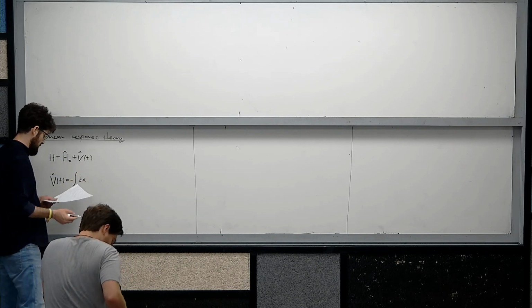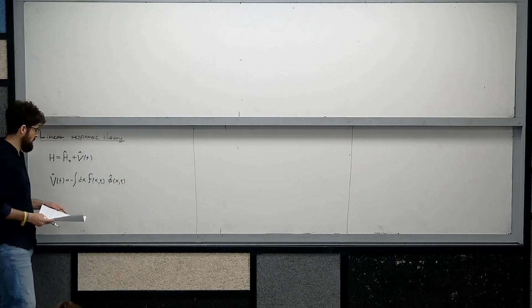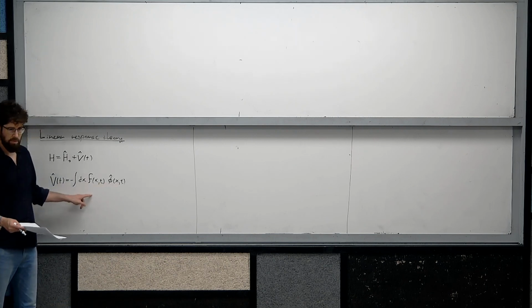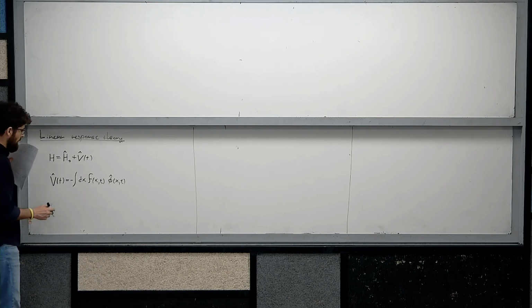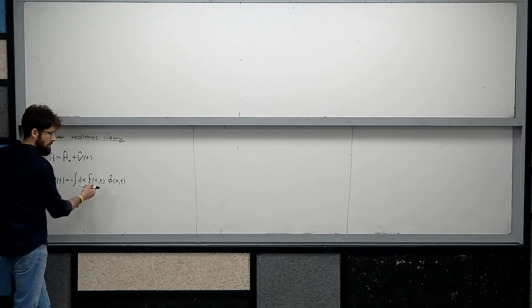This is some spatial integral. I don't have to think of a spatial integral, by the way. But if we're talking about a field theory, then we might as well have a spatial index. But for everything we're going to do, it doesn't really matter. And this phi here is our field.